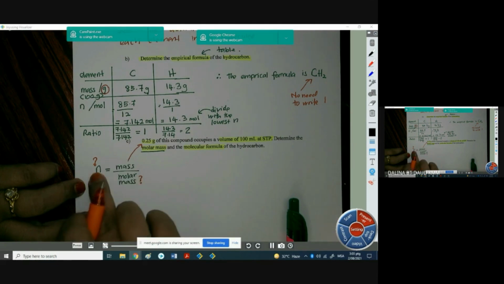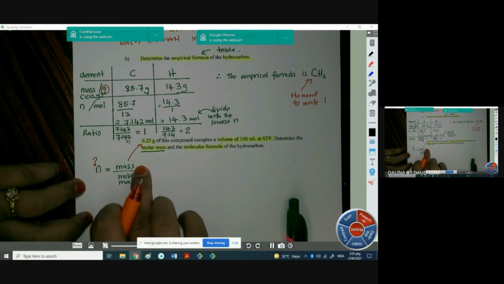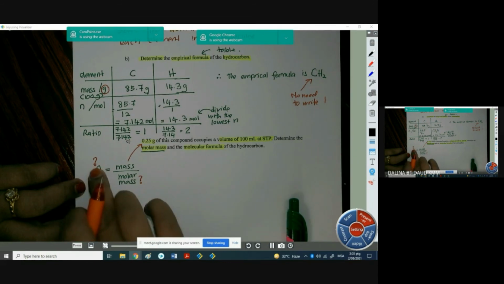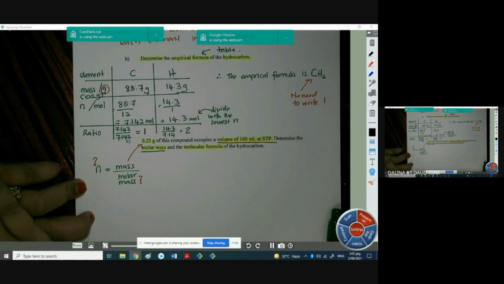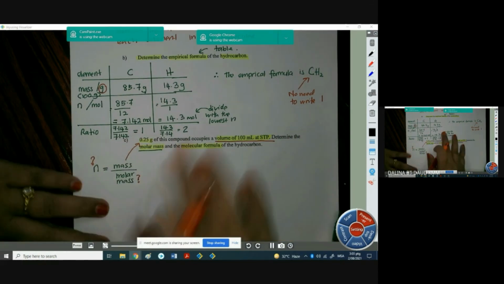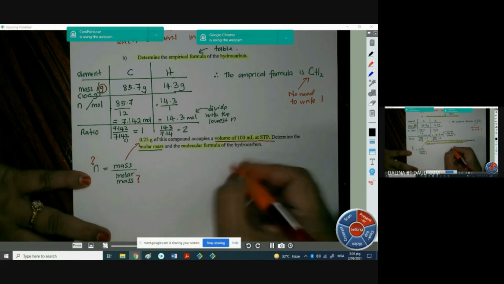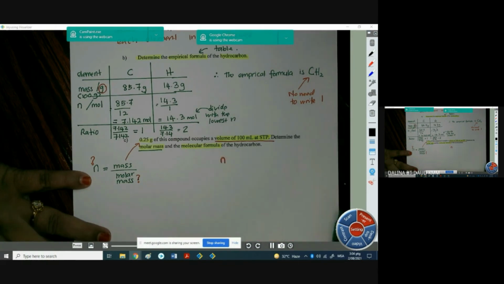Ini salah satu cara kita nak tahu, kita nak cari apa dulu. So kita nak molar mass. Mass dah ada, mole tak ada. So we need to find out number of mole. So dekat mana number of mole ni? Nak kira. So kita ada satu lagi data dekat sini. The volume of 100 ml STP. Remember dalam kimia apa-apa pengiraan, paling mudah ialah kita convert dia kepada mol.